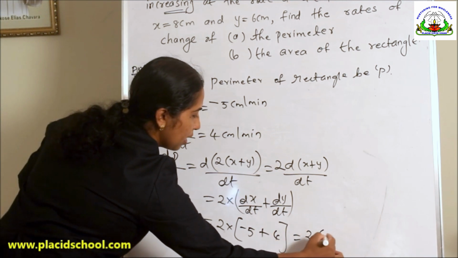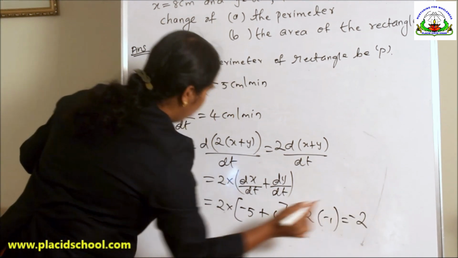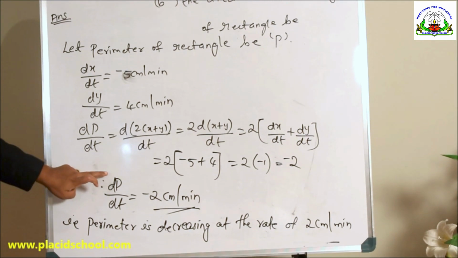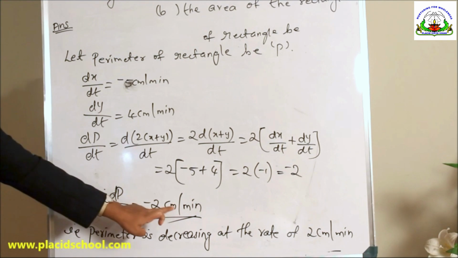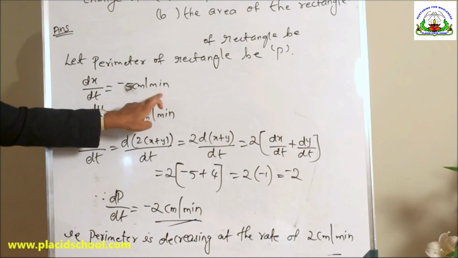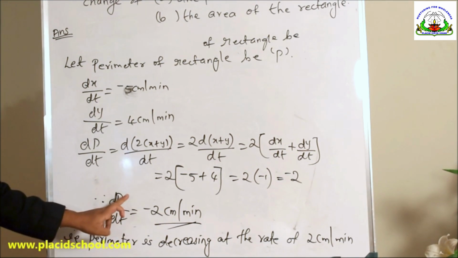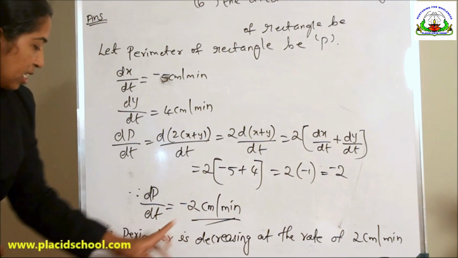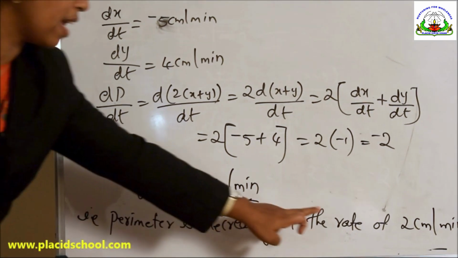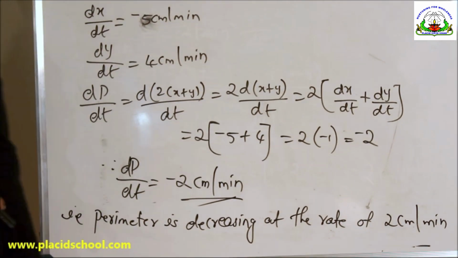So this is 2 times negative 1, which is negative 2. Hence, the rate of change of perimeter with respect to time is minus 2, unit for perimeter centimeter and unit for time as given, minute. So the rate of change of perimeter with respect to time is minus 2 centimeter per minute, or the perimeter is decreasing at the rate of 2 centimeter per minute.